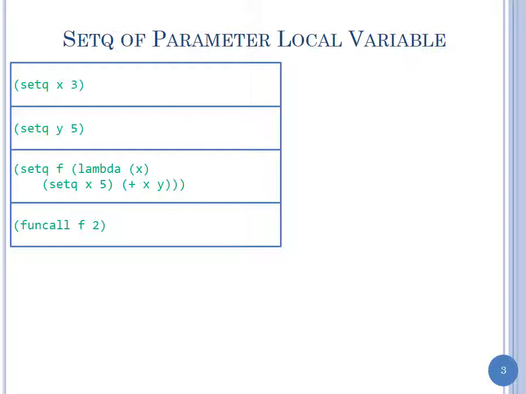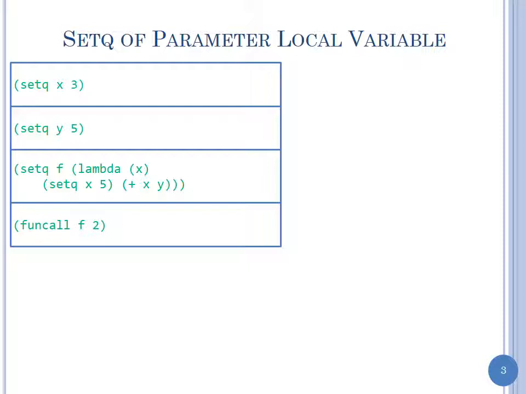Okay, and so far we never did a setq in a lambda. This lambda returns plus x y, where y happens to be a free variable, and I do a setq x 5, and then I do funcall f 2. Okay, what do you expect to happen? Print out what?